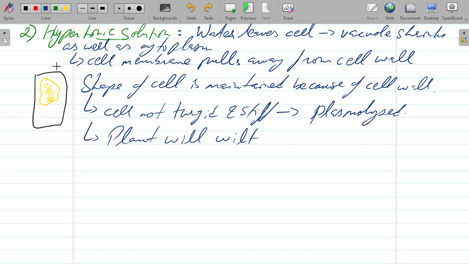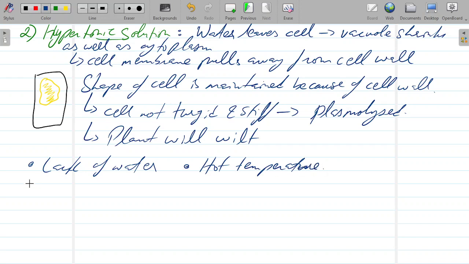Now, plants face the situation, one, due to lack of water, due to obviously hot temperatures, hot weather.